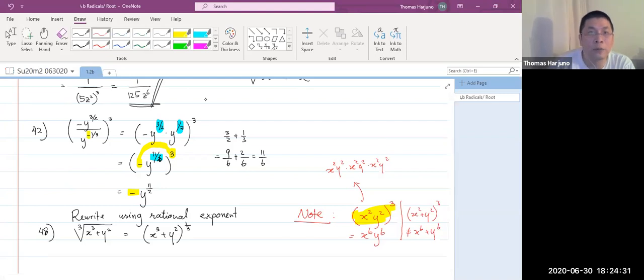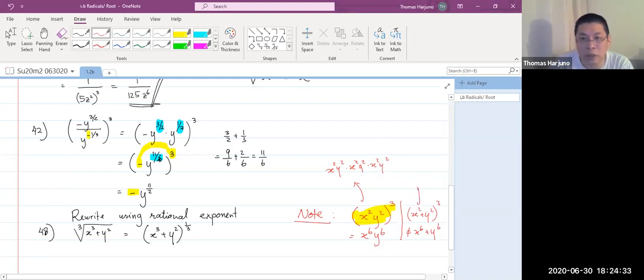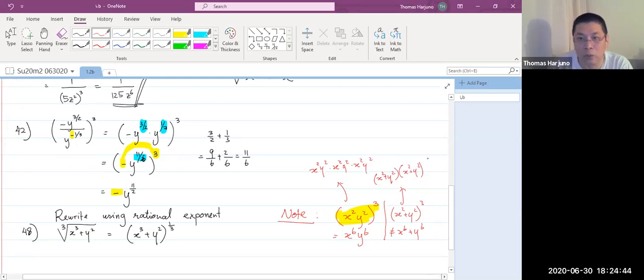However, the expression here is not. This is x squared plus y squared times x squared plus y squared times x squared plus y squared. So we need to do the FOIL twice, right? We need to FOIL this first, and whatever the product, you need to FOIL that further.